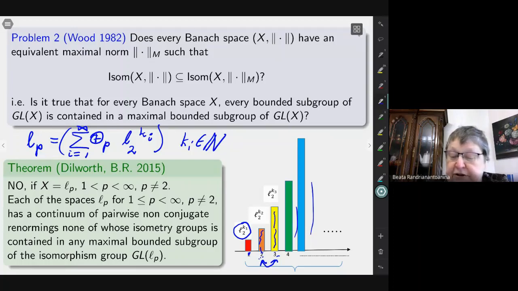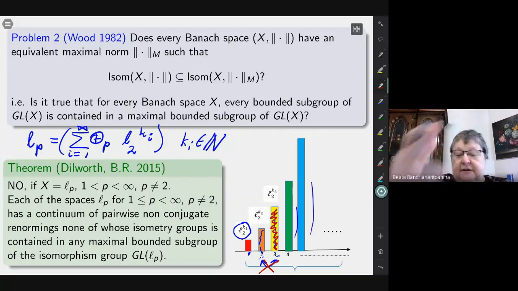But here the dimensions are different. They are not isometric, meaning this reshuffling is not allowed. The only isometries that exist in this space are within each fiber. The fiber is L2, and there are many isometries in that fiber that I can introduce.